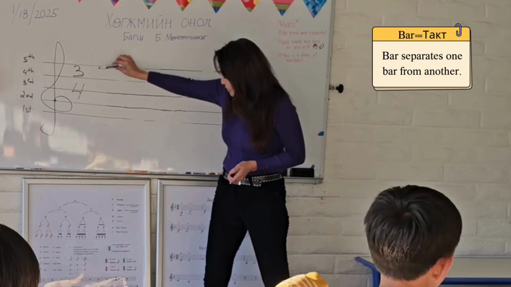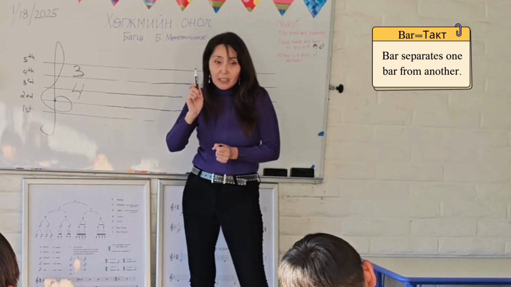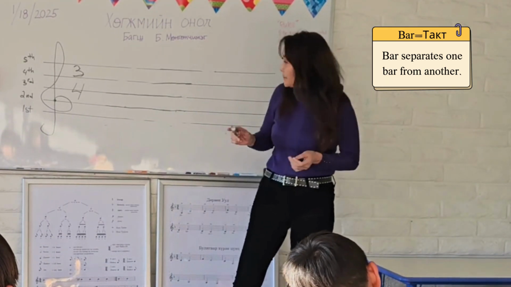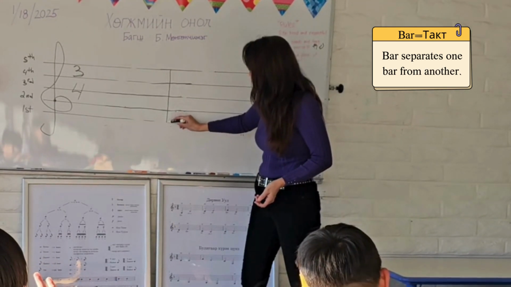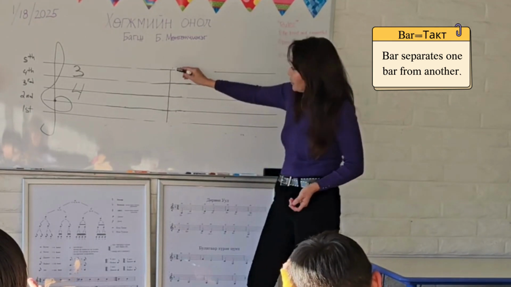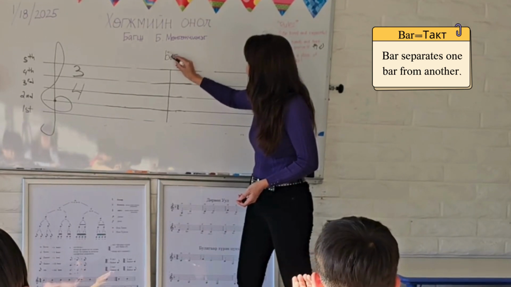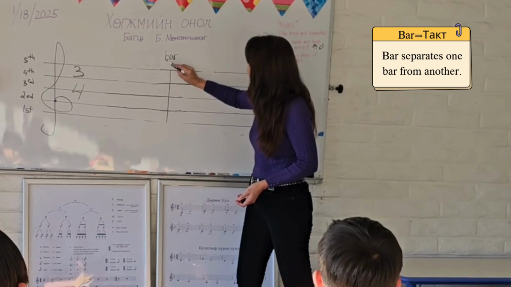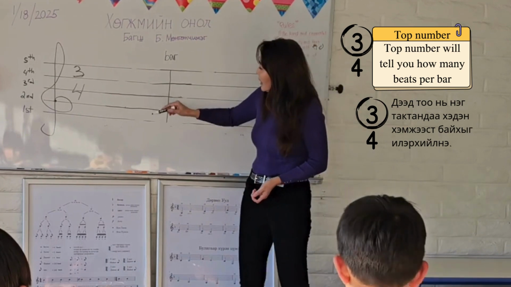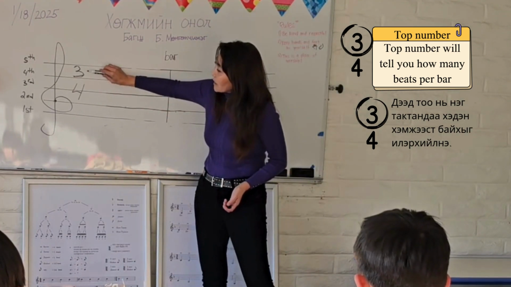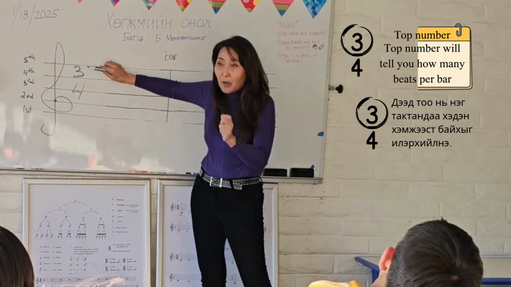So every time you see this number, that indicates how many beats or counts are in one bar. Bar means basically the line that separates one from another. So this is called a bar. You understand? That means the top number always tells you how many beats are in the bar.